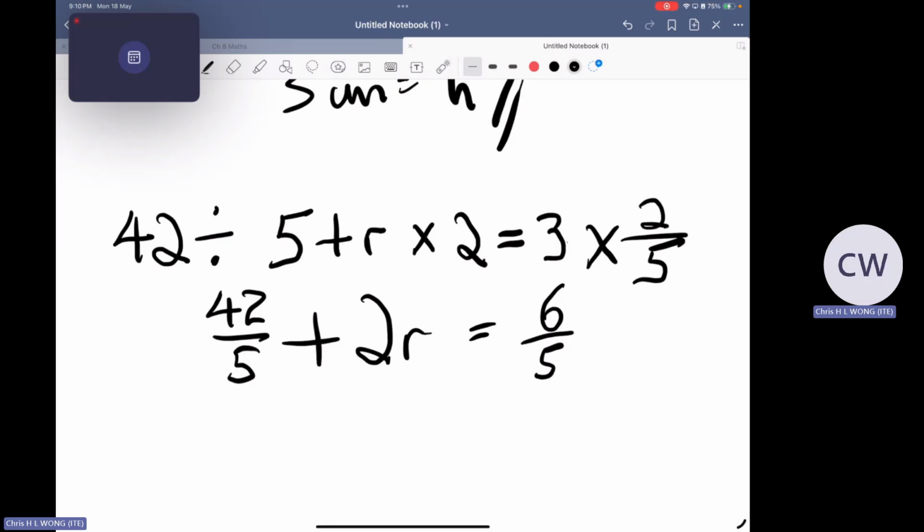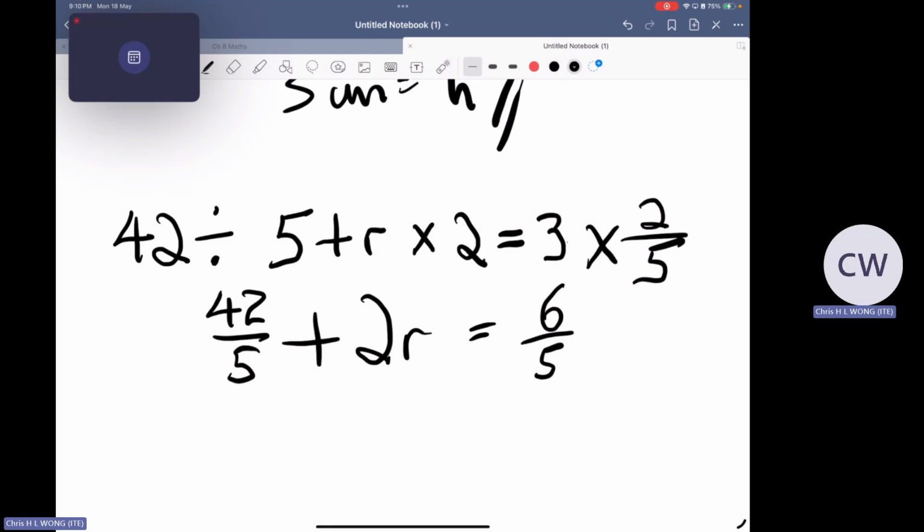You cannot get rid of the 2 because the plus is there. So you got to get rid of which one first? 5? Not just 5, not just 42. The whole thing. 42 over 5. Get rid of 42 over 5. Bring it over there. When you bring it over there, it becomes what?